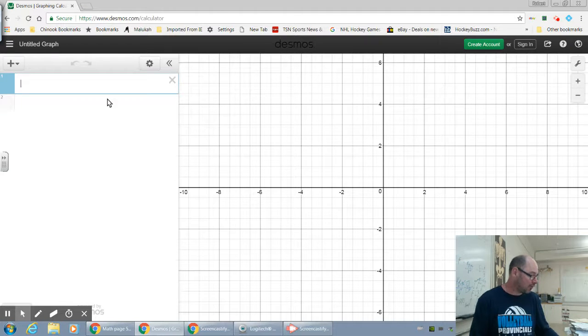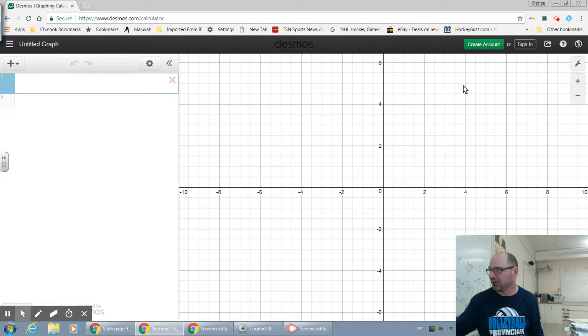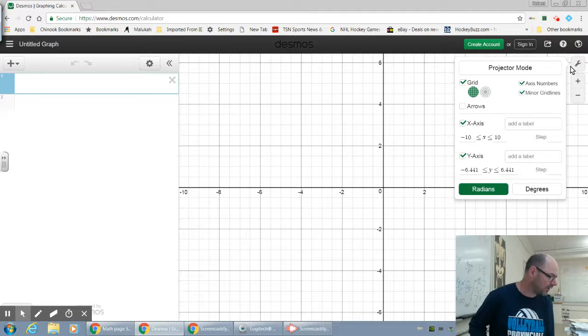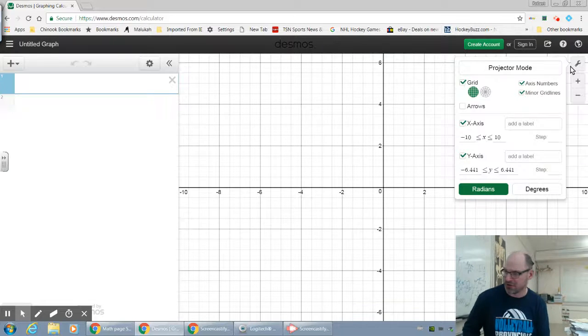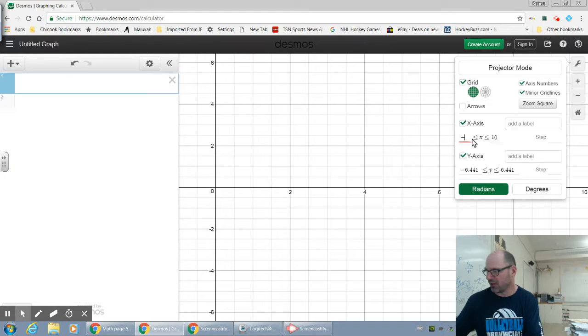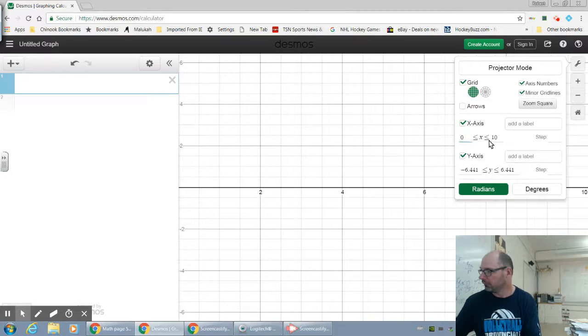If you want to do this one with me, get out your Desmos, get to the page, and go to the wrench here. The time is going to go on the x-axis. It goes from 0 to 40 seconds, so we're going to put our x-axis from 0 to 50 because we're going to add a few seconds.